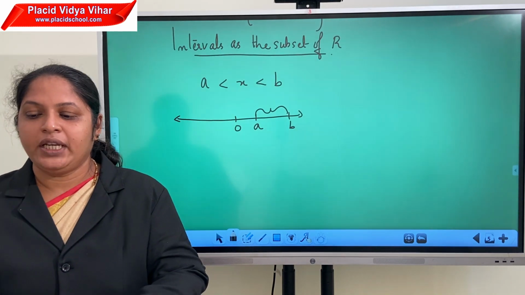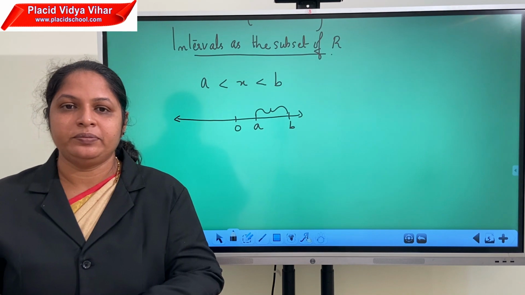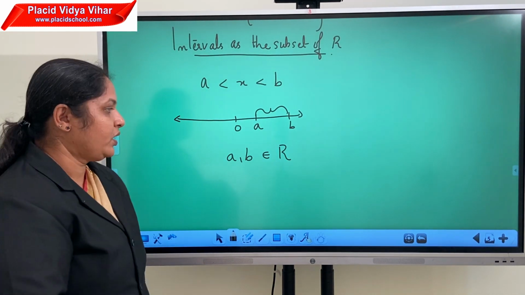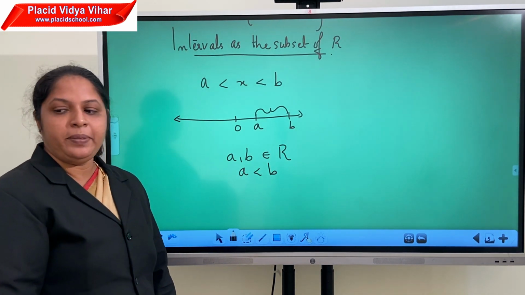So please write, let a, b belong to the set of real numbers, and a is less than b.